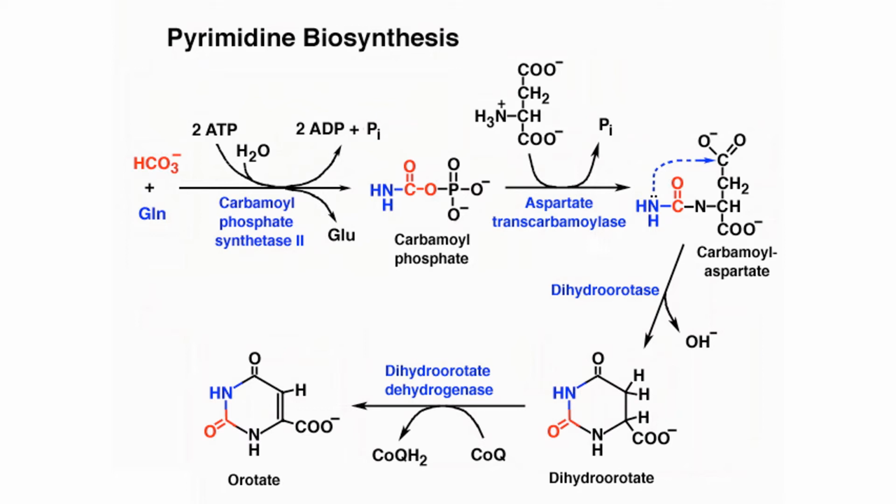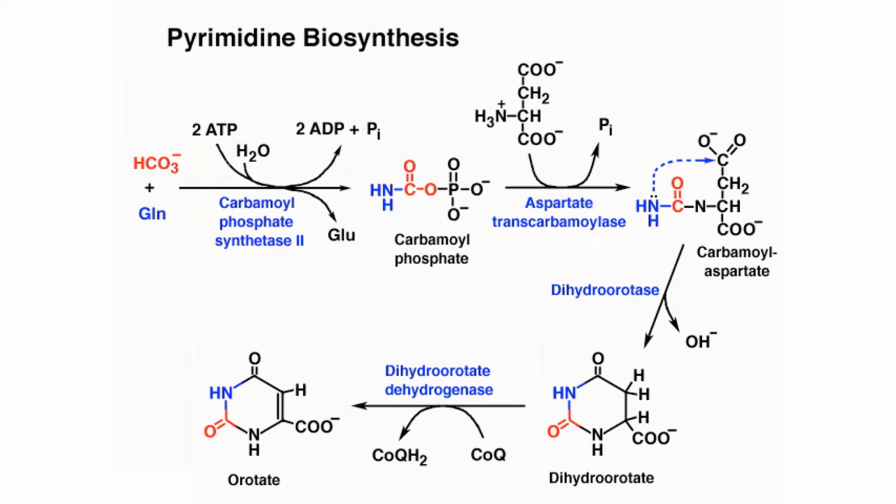Okay, so we end up with carbamyl aspartate here. This enzyme, I should note here, is the target of feedback inhibition in this pathway and is subject to both positive and negative regulation.